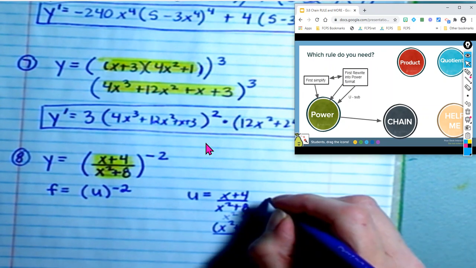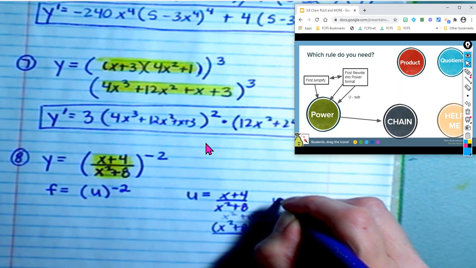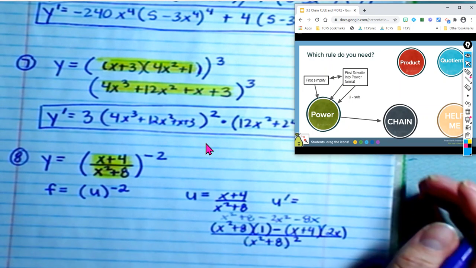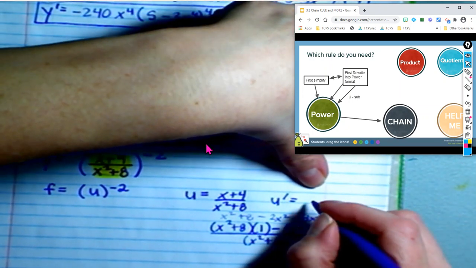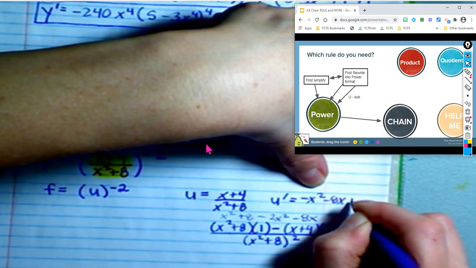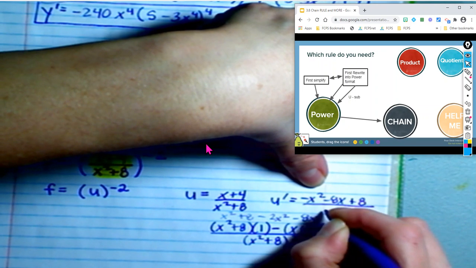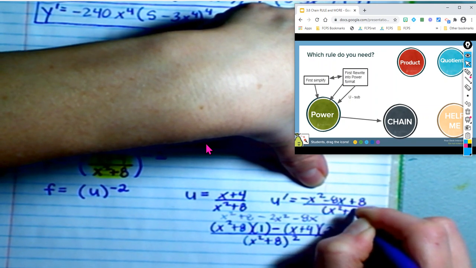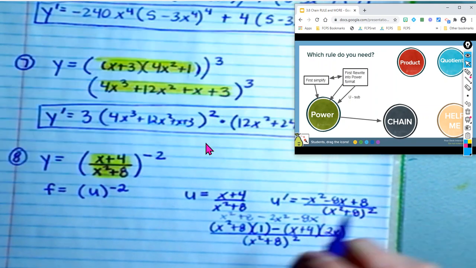Okay, so I'm just going to write this over here. So u prime equals minus x squared minus 8x plus 8 all over x squared plus 8 squared.